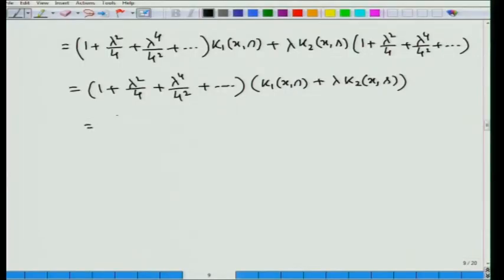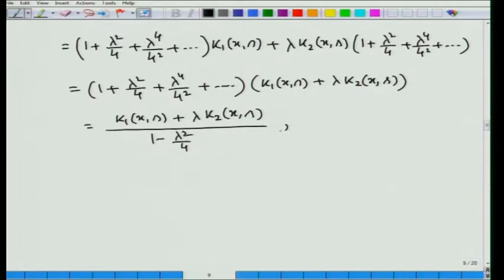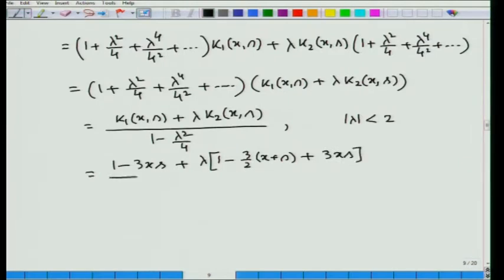So, this will be equal to k1(x, s) plus lambda k2(x, s), this divided by 1 minus lambda square by 4, and the criterion for convergence is given by modulus lambda less than 2, and after substituting the expressions for k1(x, s) and k2(x, s), you can find this is 1 minus 3xs plus lambda into 1 minus 3 by 2 (x plus s) plus 3xs, this whole divided by 1 minus lambda square by 4.